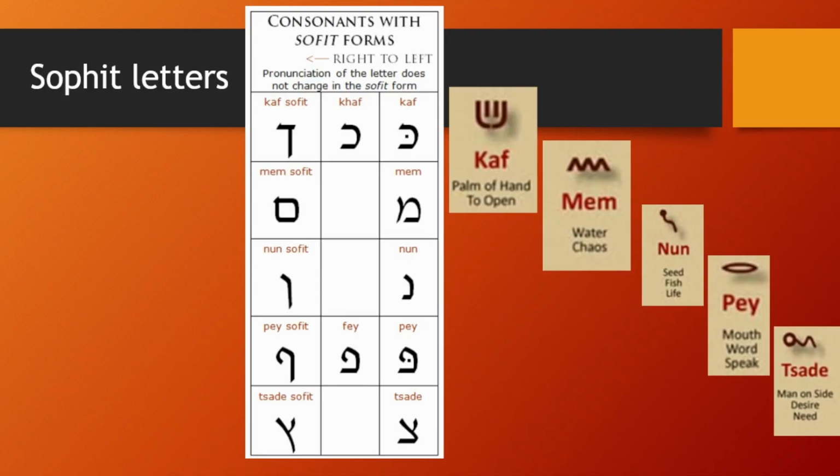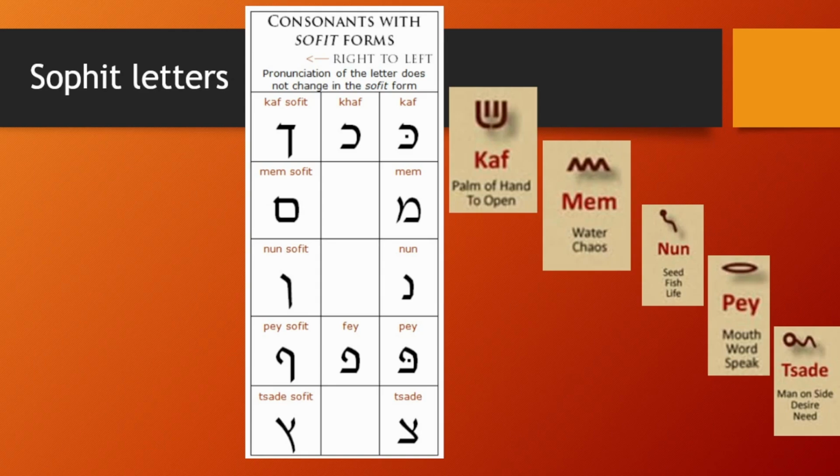The original design for Kaf, can you see there, looks like the palm of a hand, but only with the 4 fingers. So it's that sign. It's also referring to the palm of a hand. That's what the symbol represents.